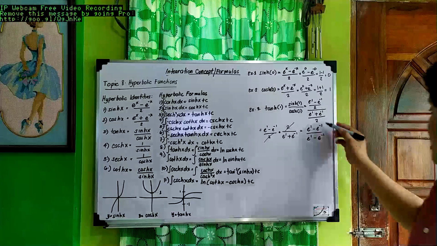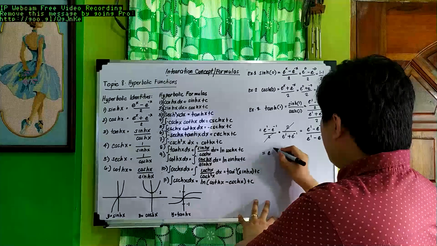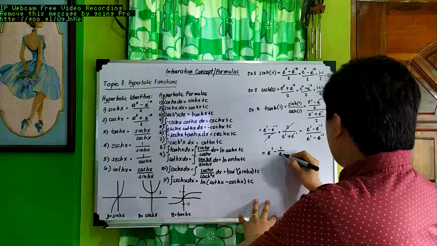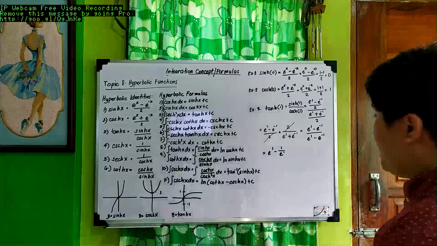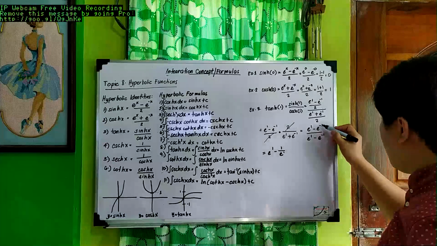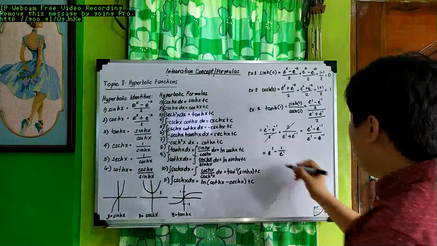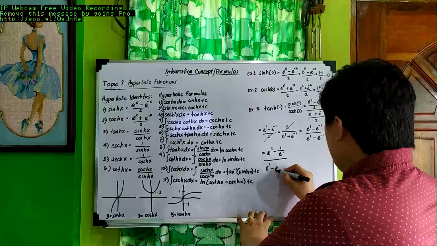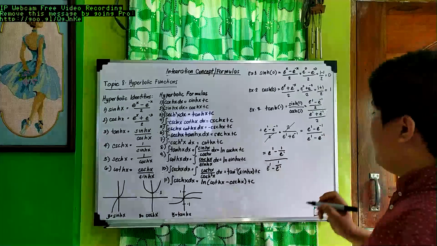We could simplify it further. We have e raised to the power of 1 minus 1 over e raised to the power of 1, right? Because when we transpose this one, the reciprocal of this, you have 1 over e raised to the power of 1. And the same for this, e raised to the power of 1 plus 1 over e raised to the power of 1.